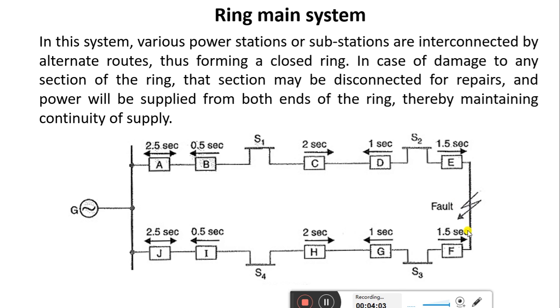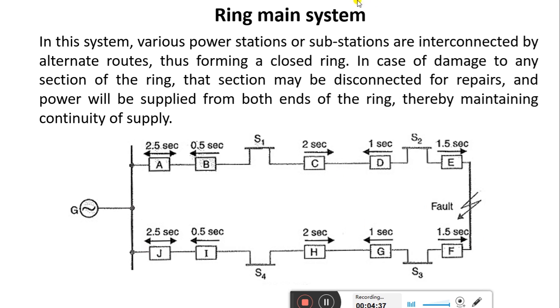Then we move to the ring after substation S3. Here relay G is given a time setting of 1 second. Further, beyond the S4 substation, relay I is placed, which has been given a time setting of 0.5 seconds. And finally we have reached the generating station.